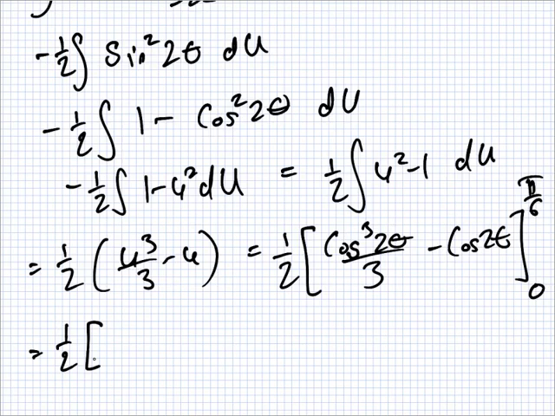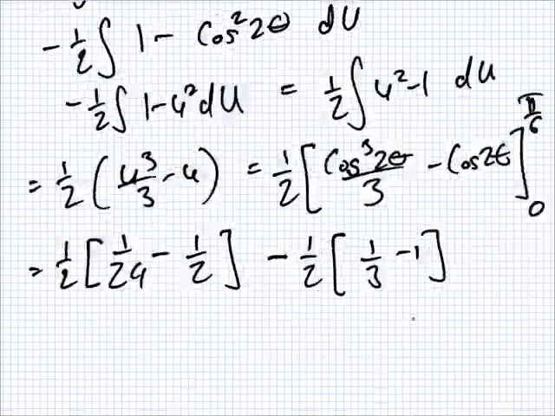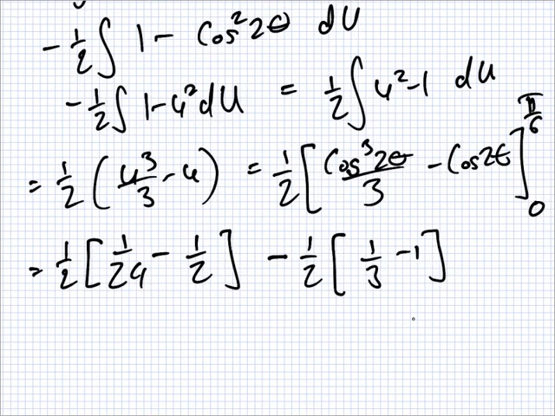A half cubed divided by 3, so this would be 1 over 24 minus a half, and then when I put in 0, I get 1 over 3 minus 1. Is the answer 5 over 48?